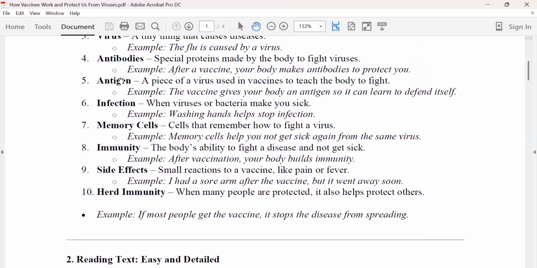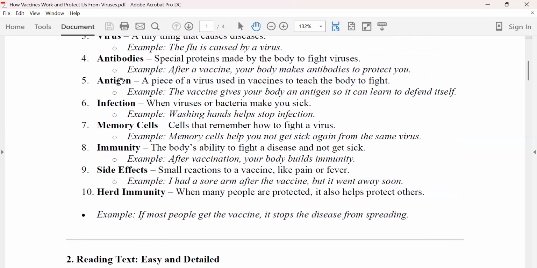Normally when there is a disease caused by a virus, there is no kind of medicine to kill that kind of virus. That's why only our immune system is the best thing to do.